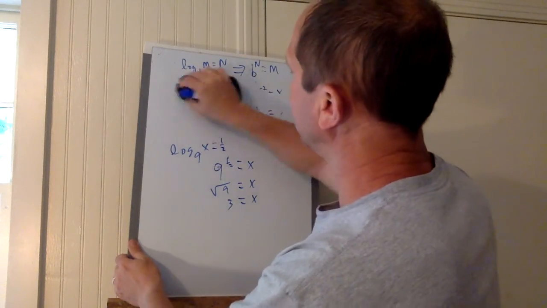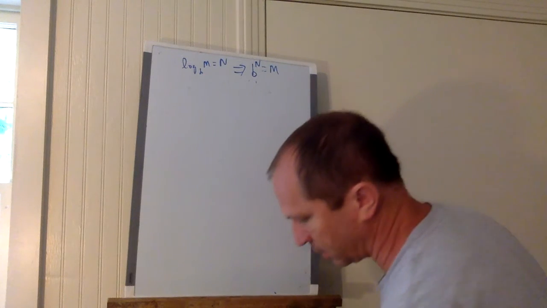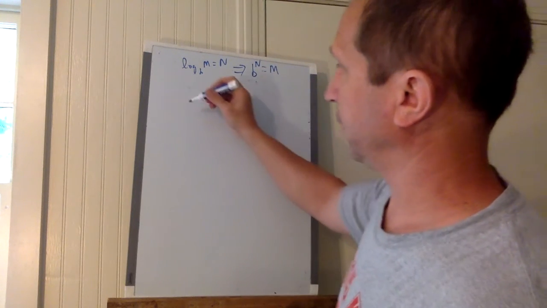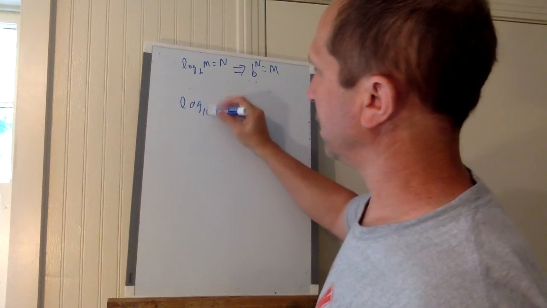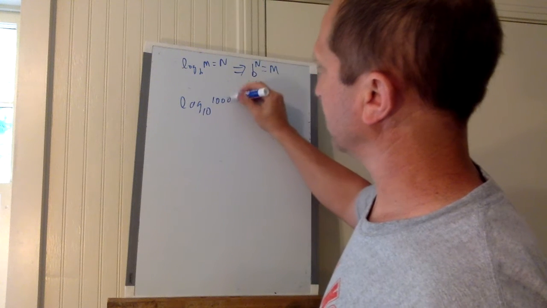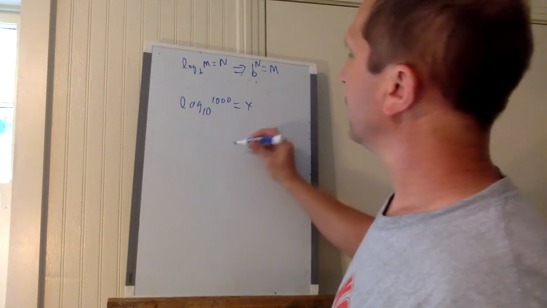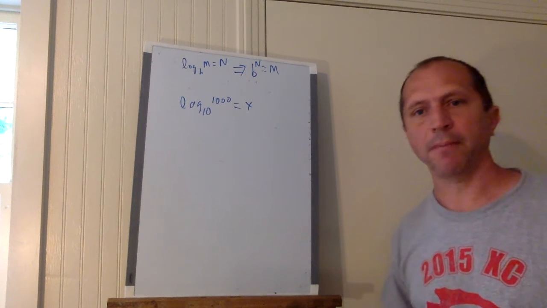All right, now that's the easiest situation. The next situation is a little bit more involved. So let's go with the log base 10 of 1,000 equals x. Now, 10 is special when it's a base. It's also known as the common logarithm.